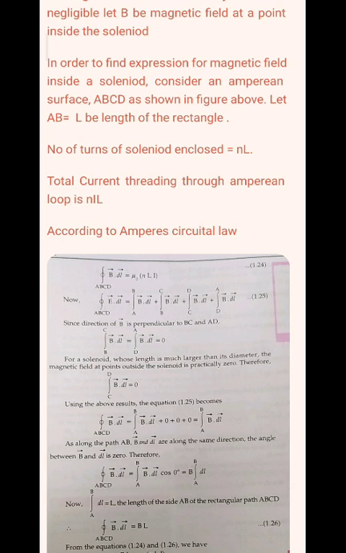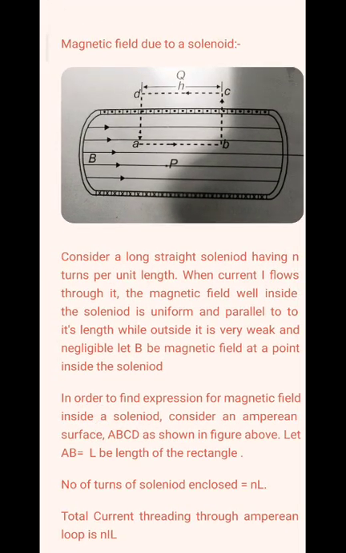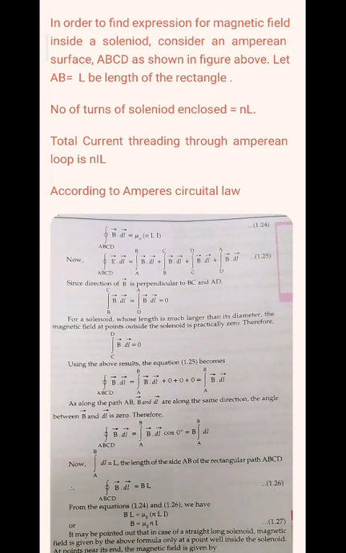So the integrals of B dot dl from B to C and from D to A are equal to 0, because the angle between the field and dl is 90 degrees. For C to D, this part of the Amperian loop lies outside the solenoid, where the field is practically negligible, so it can be taken as 0.